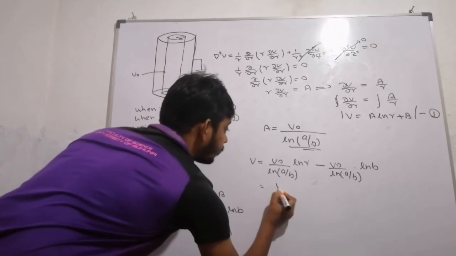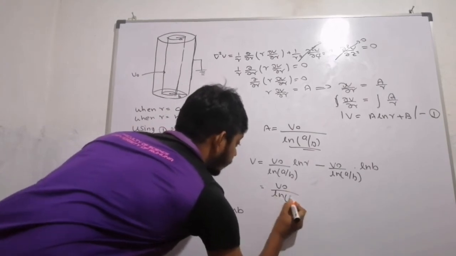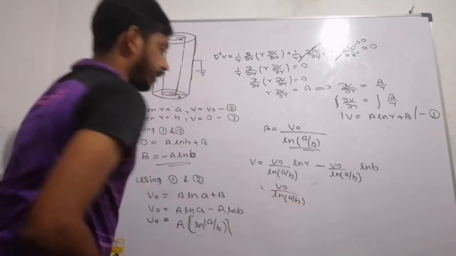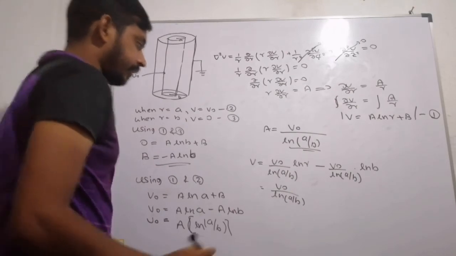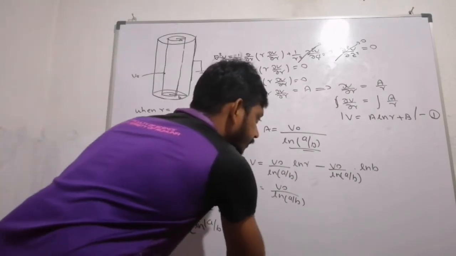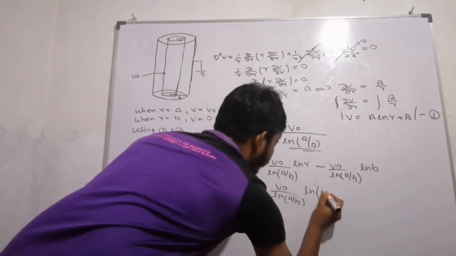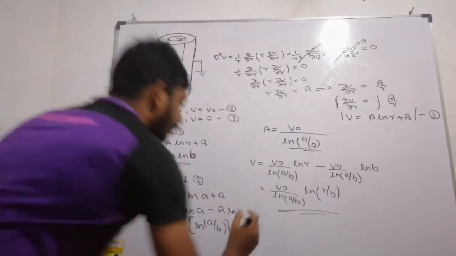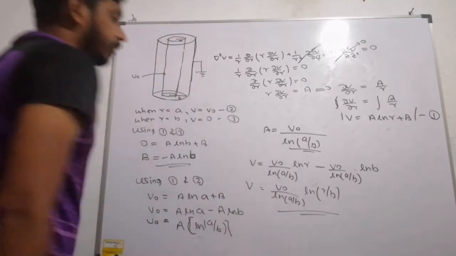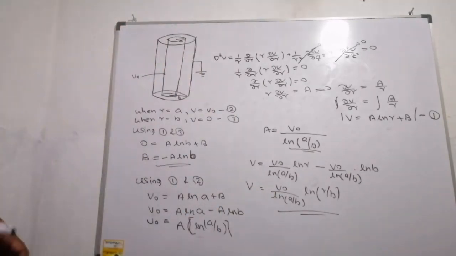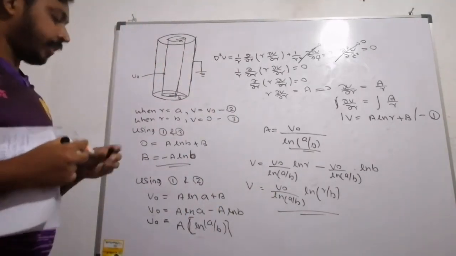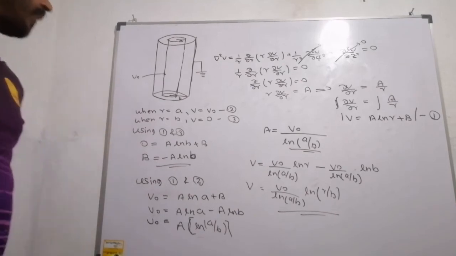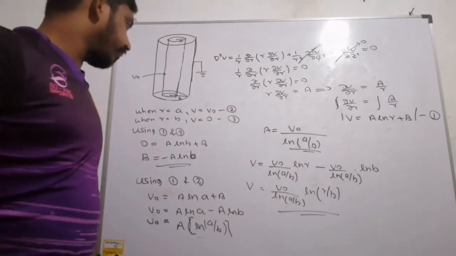I can get V naught over ln A over B times ln R over B. Okay, this is our V value. You get it? Now let me find the electric field E.